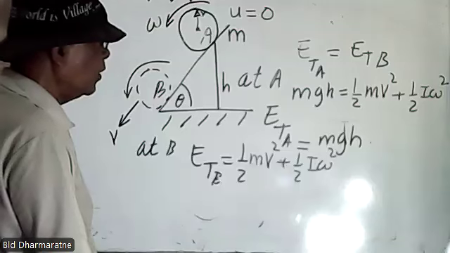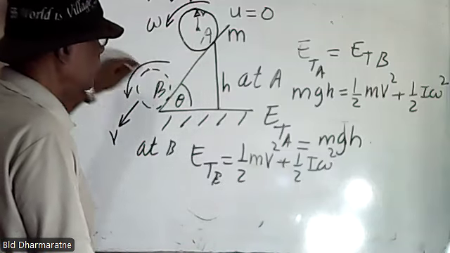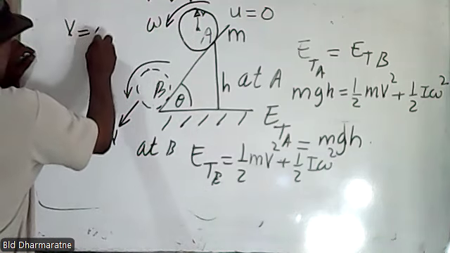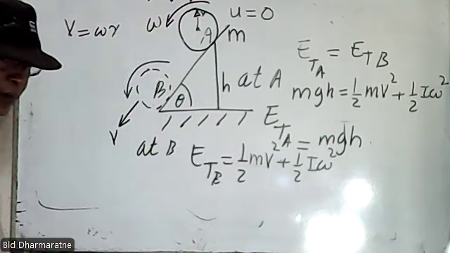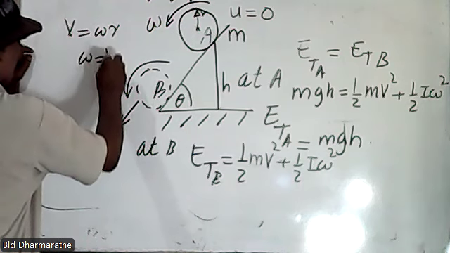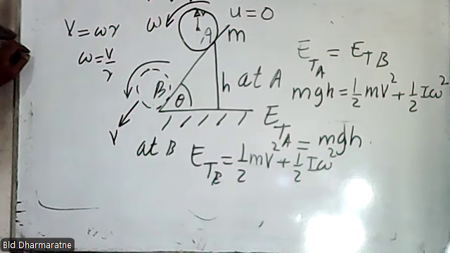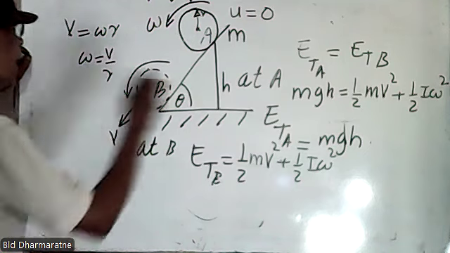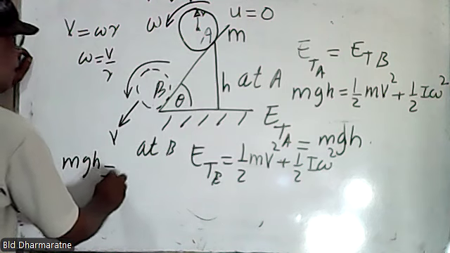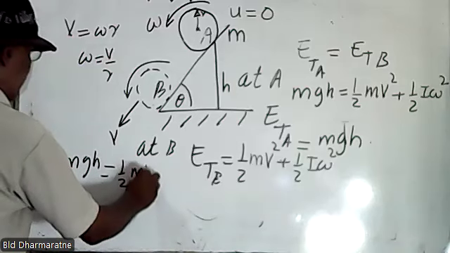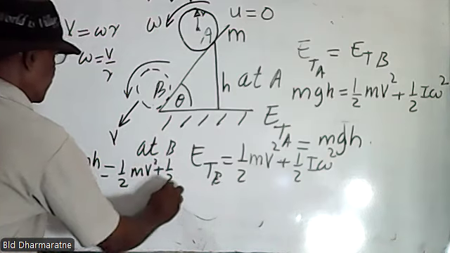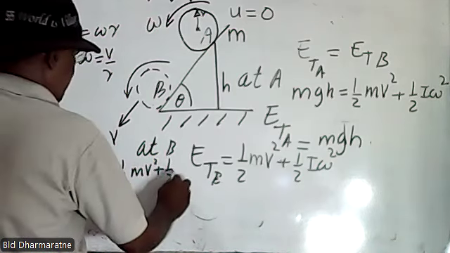If we take v with the radius, v equals omega r. We know that omega is equal to v over r, right? Now the equation becomes mgh equals half m v square plus half I omega square.